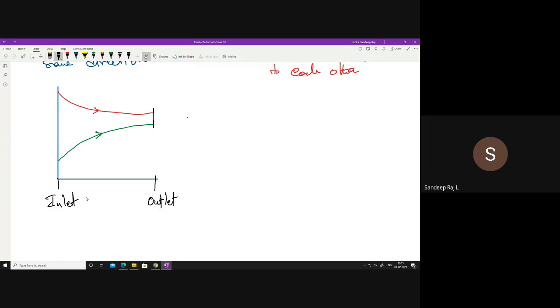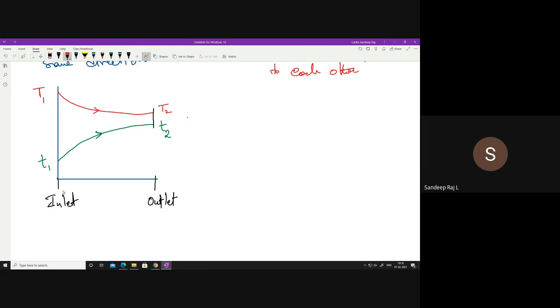When the cold fluid is entering, let us represent the cold fluid temperature with a small t. I am following this nomenclature because the same has been followed in the data book. So inlet he will call 1, and cold fluid temperature for outlet he will represent with 2. Coming to the hot fluid, he is representing it with capital T, 1 for inlet and capital T 2 for the outlet. So this is how the things are represented.